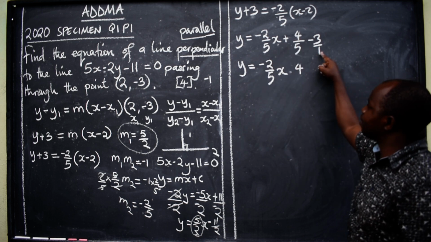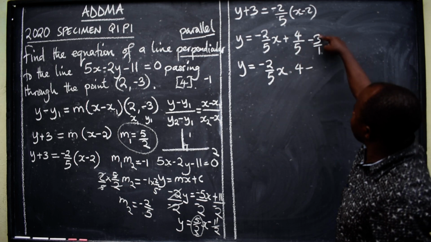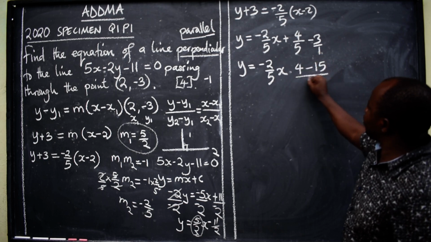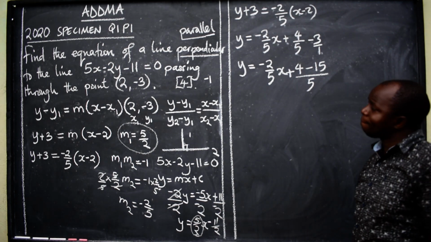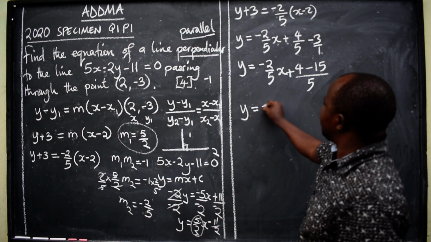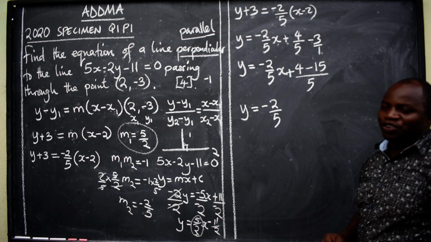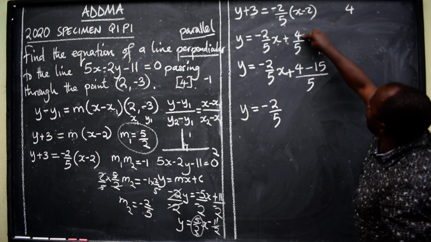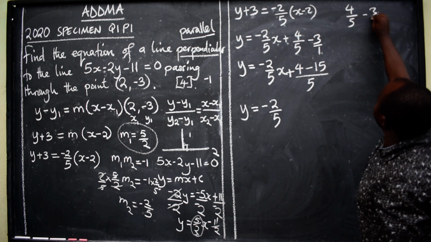This times this is 4, minus this times this is 15 over this times this is 5. So the addition sign can be there. In case you don't understand this, we are saying 4 over 5 minus 3 over 1.